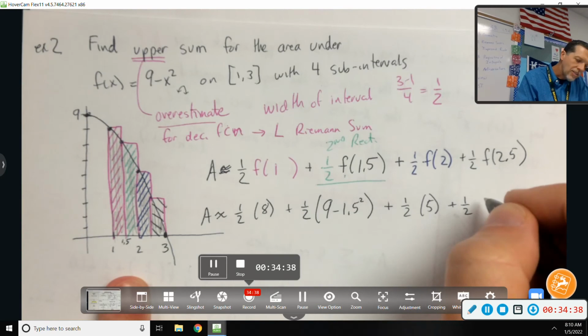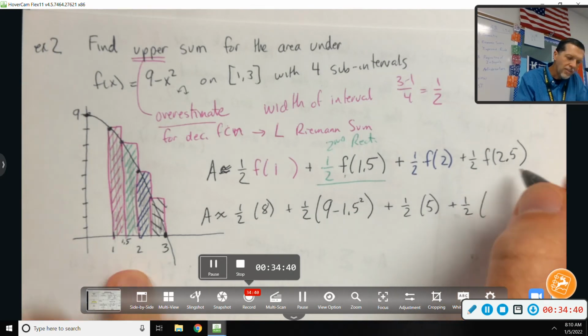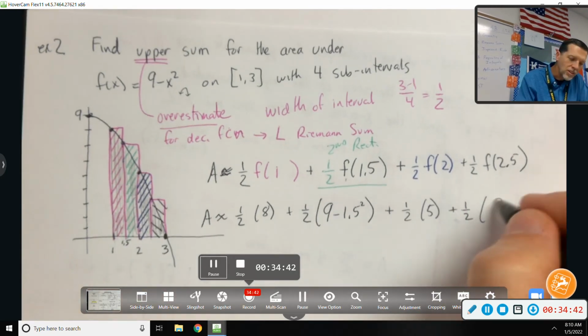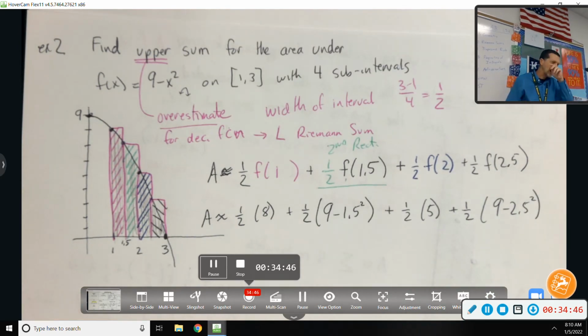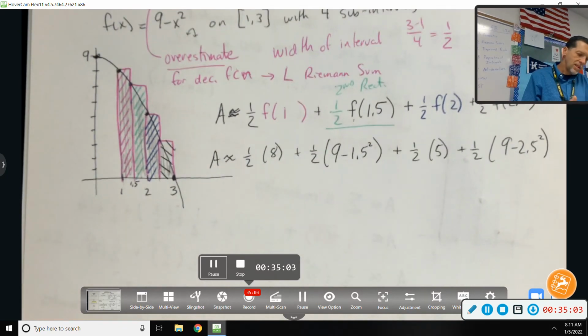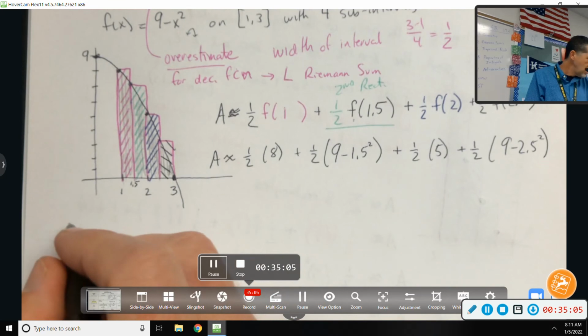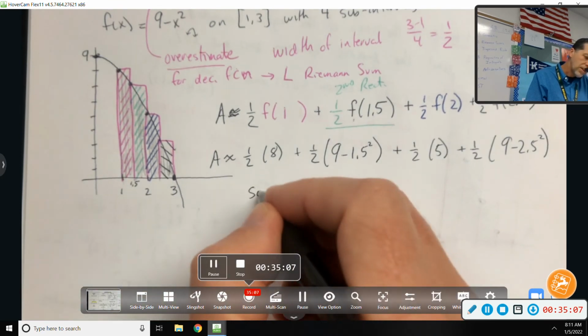Plus 1/2. F of 2.5, again, I don't even want to do it. I'm just going to say 9 minus 2.5 squared. Like, leave it at that. That's a perfectly good answer, and I'm going to leave it at that. Because I don't want to risk that many calculator strokes to mess up a parentheses or an exponent somewhere. So leave it alone. Safe stop. Like it.